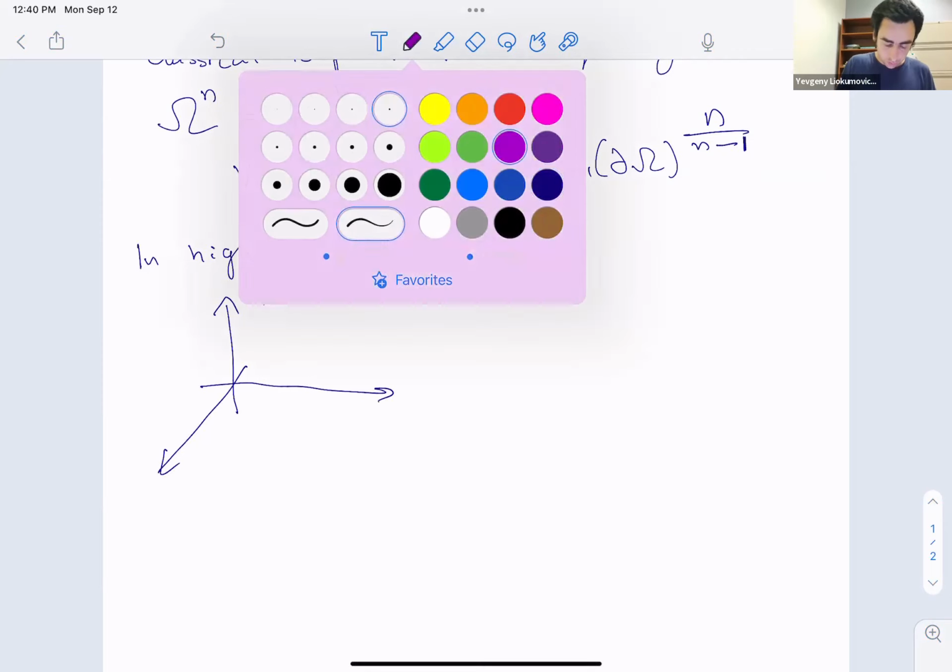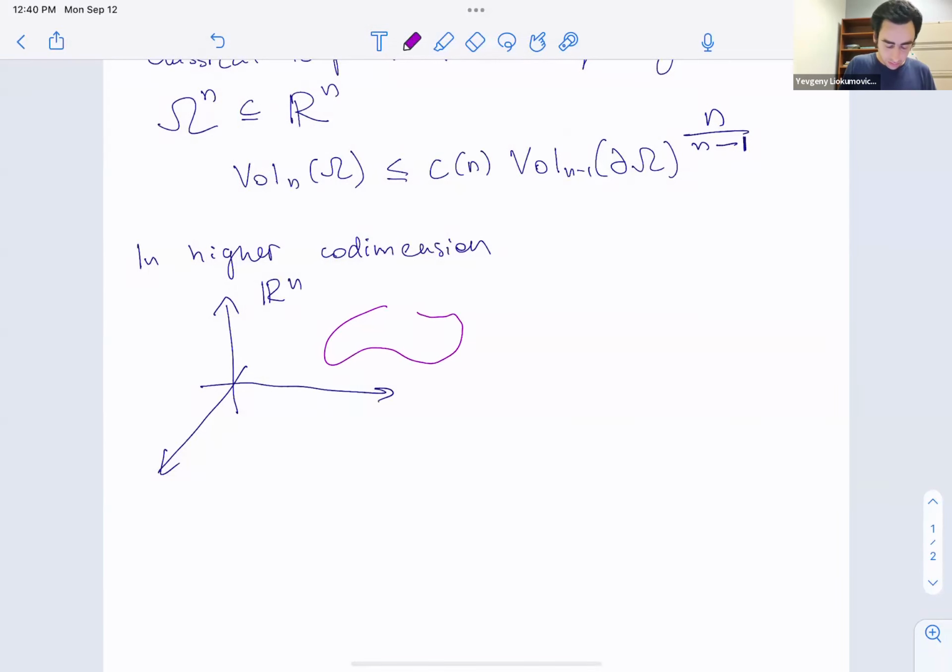But when we start with some k-dimensional submanifold M, k is now smaller than n-1.